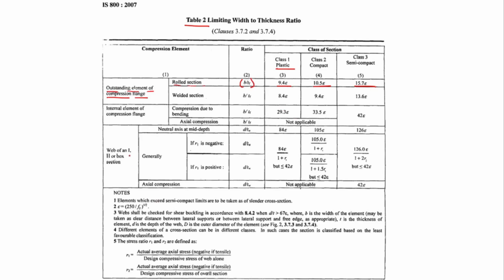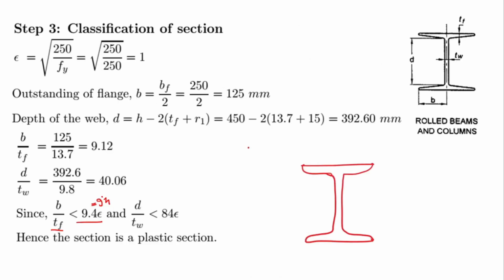Then come to the web part. For the web of an I, H or box section, neutral axis is at the mid depth. If you see our section ISHB 450, it is a symmetric section. So here the neutral axis will be at a distance h by 2 from both flanges, because the total depth of the section is h.